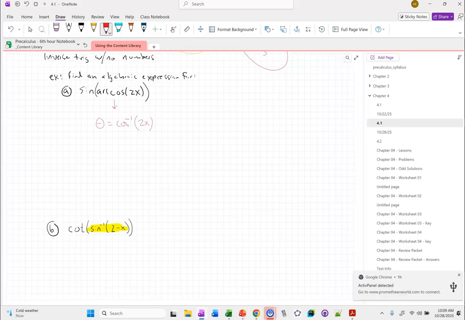Now, here we're going to operate a little bit differently. So cosine inverse of 2x equals theta is the same thing as saying cosine theta equals 2x. Those two equations are equivalent to one another. And I remember using SOHCAHTOA, that cosine is adjacent over hypotenuse, right?